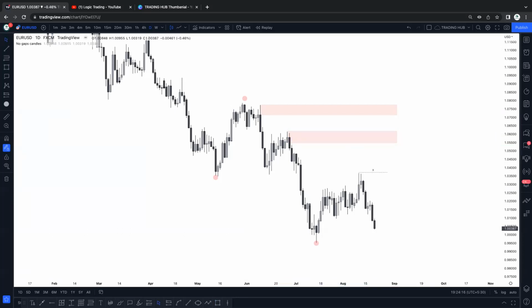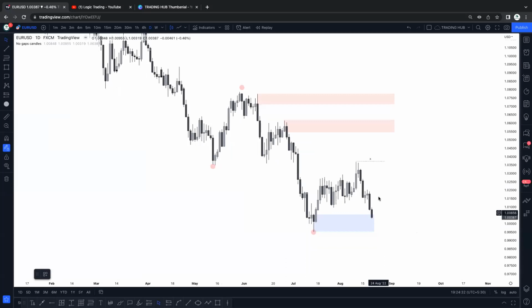But right now the market is looking for the downside in the daily time frame, and some people mark this as a demand zone, but this is not a demand zone. It is a weaker demand zone, and the market gave a little bit of reaction and then pushed downside because the market did not break any structure to the upside. So how can you mark this as a demand, correct?